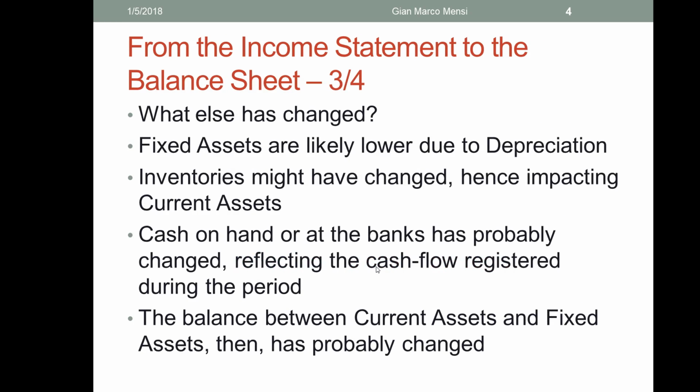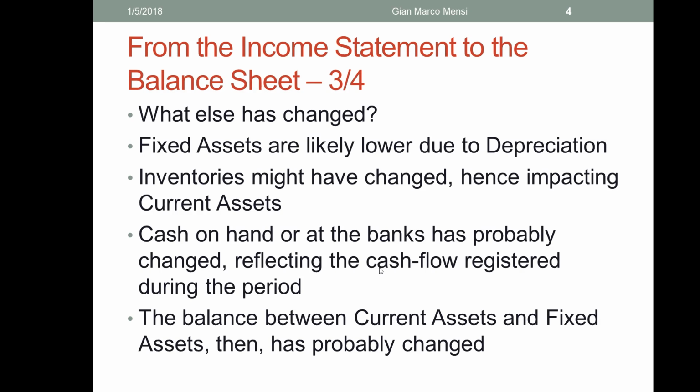So, let's start thinking about the asset side. Probably fixed assets are lower because we have computed depreciation. Inventories are likely to have changed. It's very difficult for inventories to stay the same from one quarter to another. If they have increased, there will be an increase in current assets; if they have decreased, there will be a reduction in current assets.